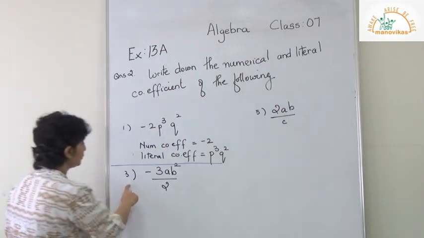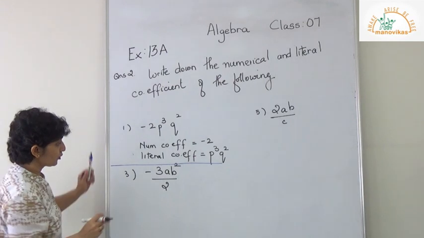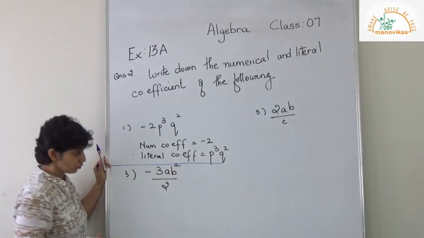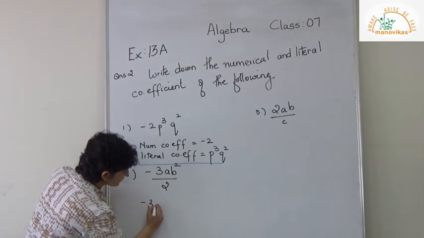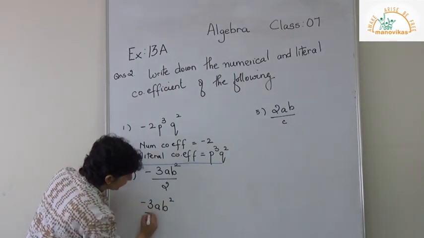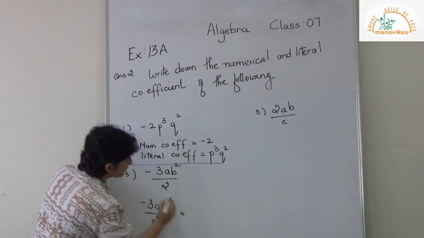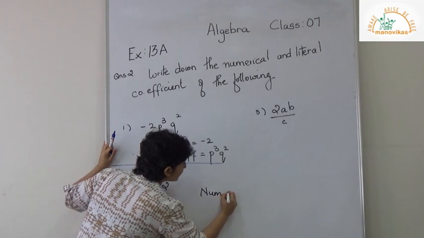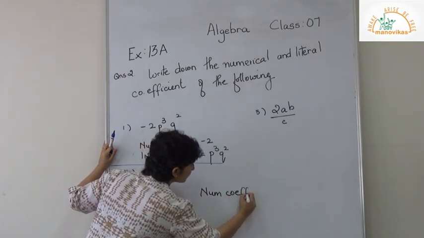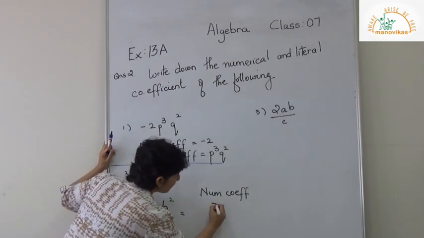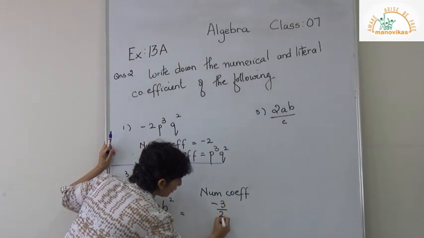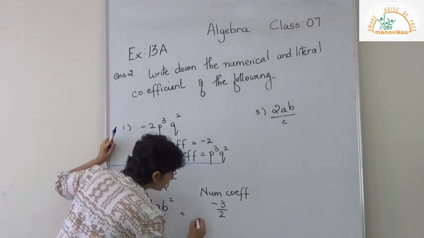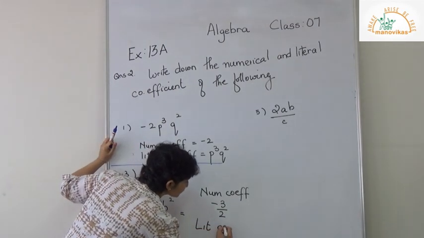Now let's come to the third sum from your book. I have minus 3ab squared upon 2. What is it? Minus 3ab squared upon 2. Now here, if I ask you what is the numerical coefficient, the numerical coefficient will be minus 3 upon 2. Have you all understood? And what becomes the literal coefficient?